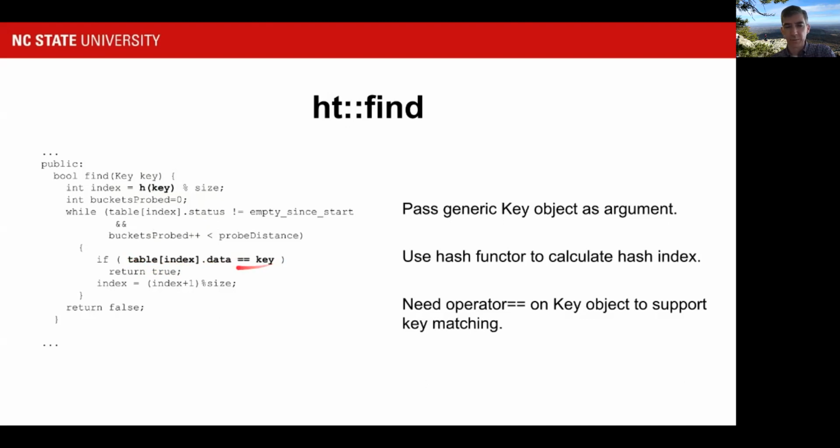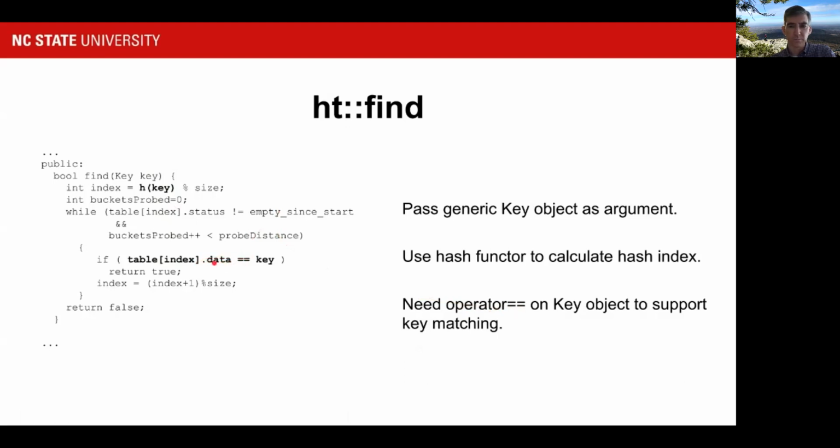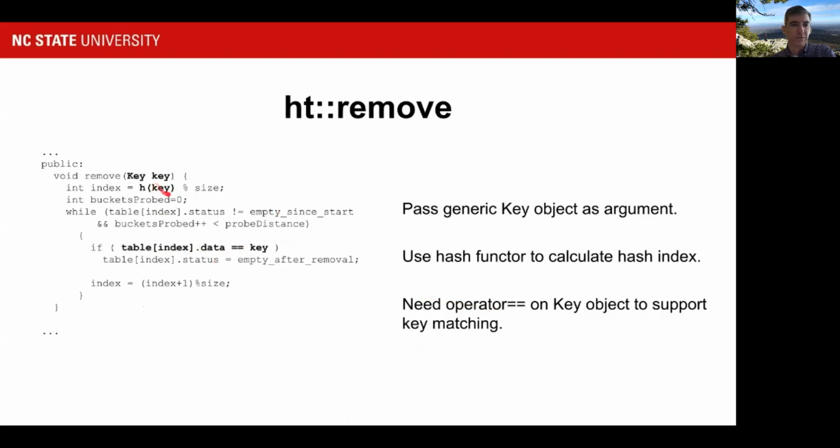Now, one other thing I want to point out here, this equals gets invoked on a key type object, which means either this needs to be a primitive type for which the language understands this operator, or we need an operator equal implemented on our object so that the compiler knows how to do this comparison. Okay, and then finally, remove is also similar.